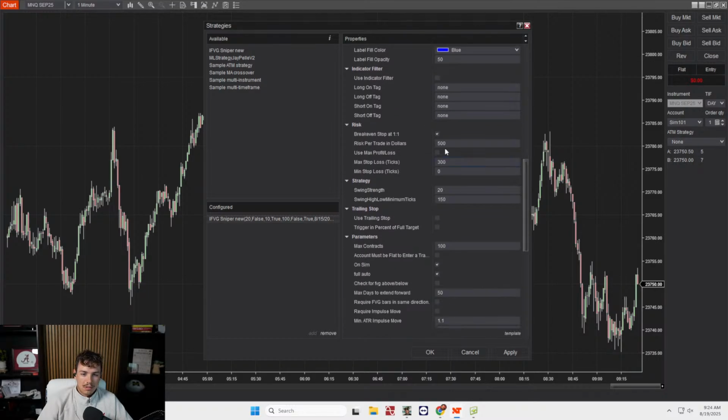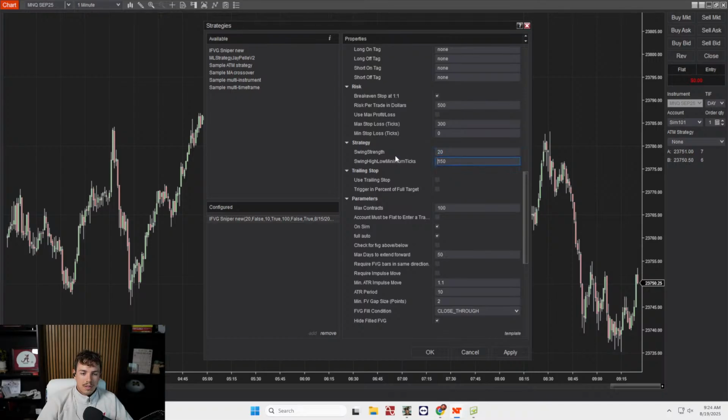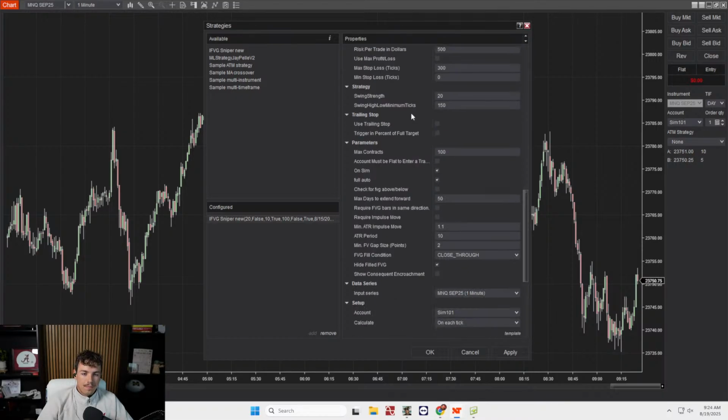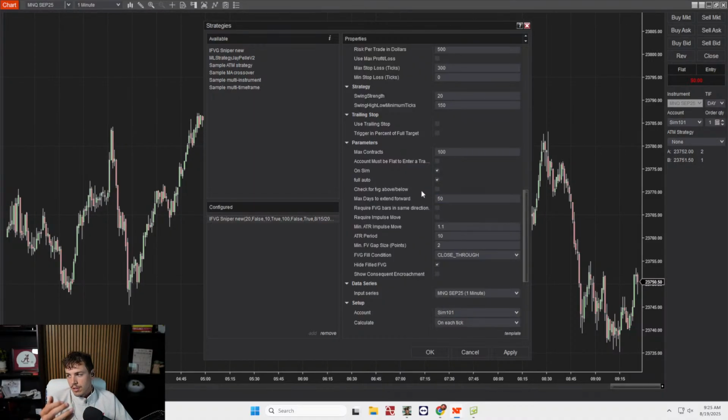Indicator filters, still your break-even stops. We have swing strength here, max contracts, full auto mode, which we'll just use today. You can check for fair value gaps above and below, so that'll help prevent you from taking a long trade right into another fair value gap.